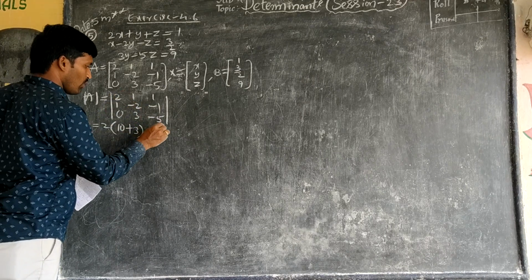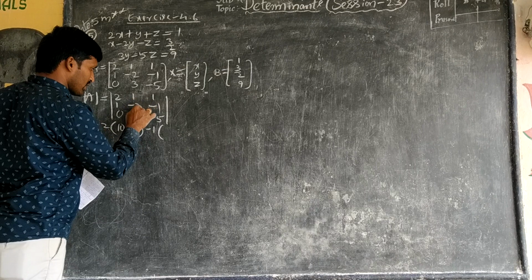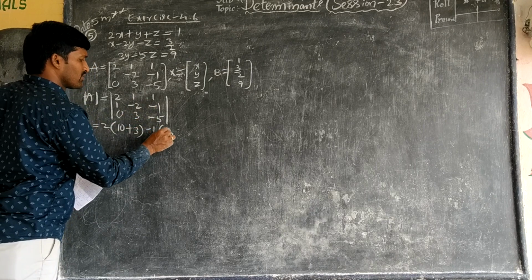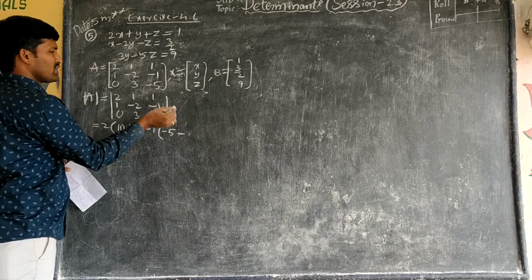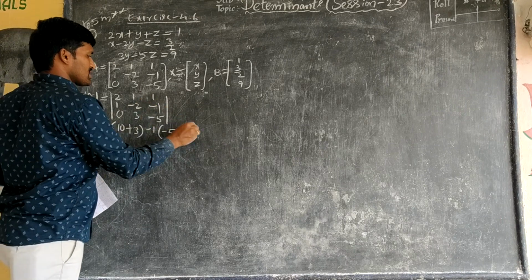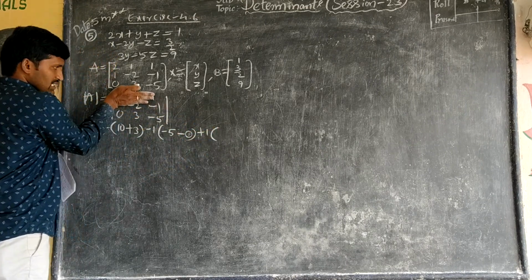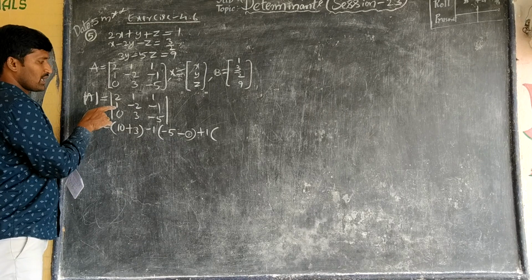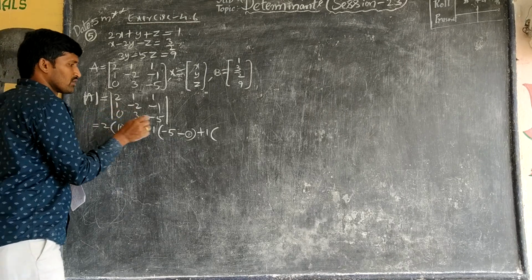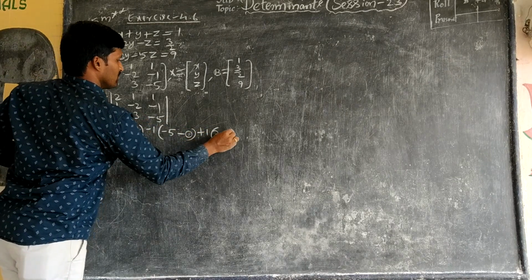And sign minus 1 into, deleting its row and column, 1 into minus 5 minus 0 into minus 1 is 0. Next plus 1 into, deleting its row and column, remaining 1, minus 2, 0, 3: 1 into 3, 3 minus 0.